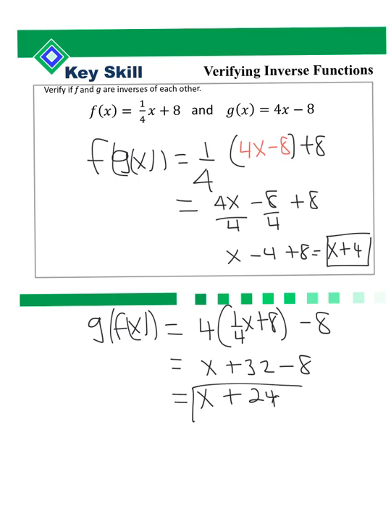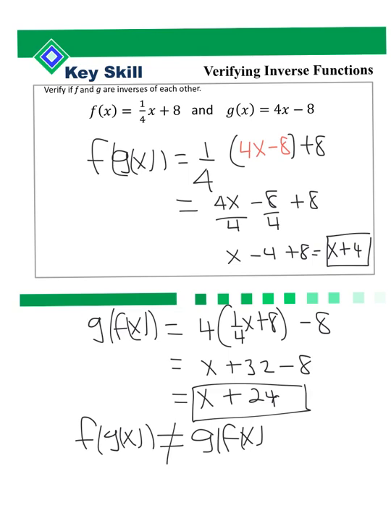And since I did not get x in both cases, I can just write f of g of x is not the same as g of f of x, and it's not equal to x, so they are not inverses of each other.